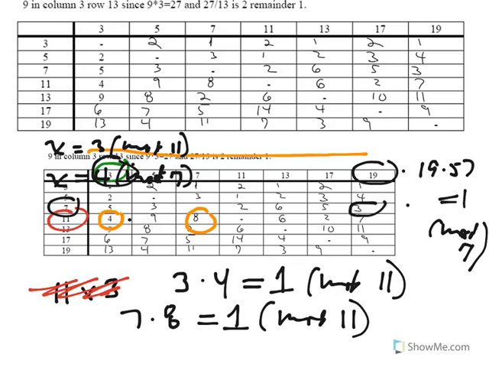And the answer is going to eventually be 25, because 25 divided by 11 is 2 remainder 3, and 25 divided by 7 is 3 remainder 4.